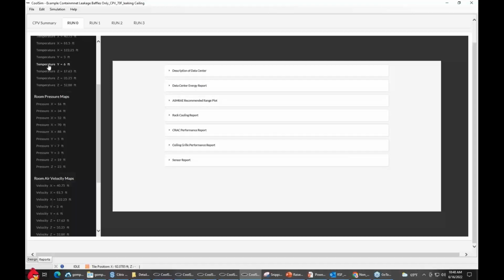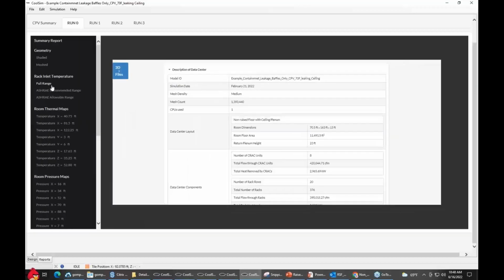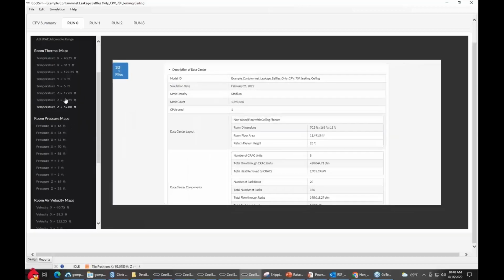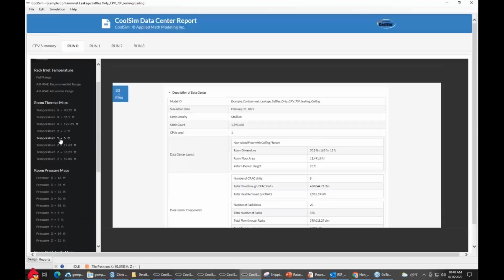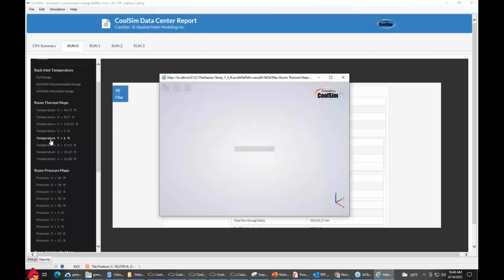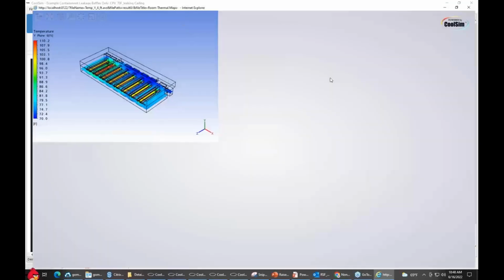But if we take a look at temperature, we can see it there too. Temperature, y equals 6. Yep, there it goes. So let's go to full screen.